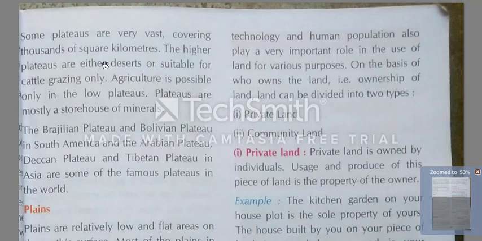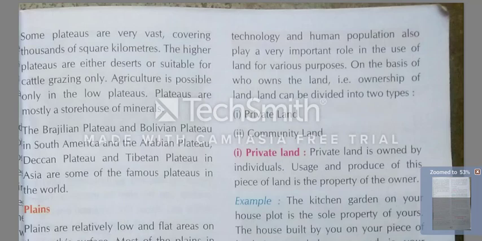Clear? It is either desert area, which is not usable, or for cattle grazing. Only cattle, only animals go for grazing there, for grass or any other eatable things for them. In some places we can say it's just a waste of land.